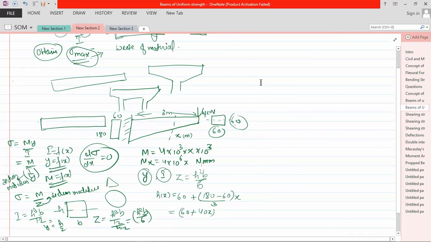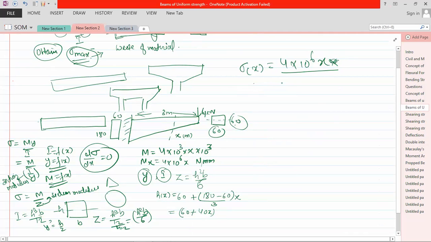Okay. Then what is the bending stress as a function of x? It is equal to 4 into 10 to the power 6 x, into what is the value of y? Oh, sorry, y I just cancelled with that term, so it will not come.